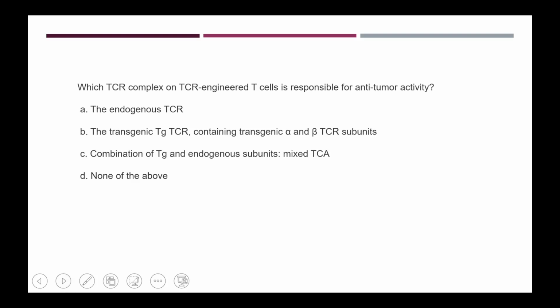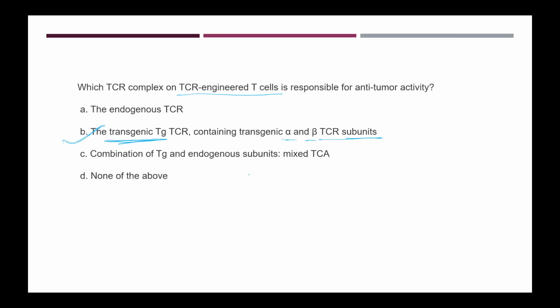Which TCR complex on the TCR engineered T cell is responsible for the anti-tumor activity? Okay. TCR engineered T cell responsible for the anti-tumor activity. So the endogenous TCR is not. So the transgenic TCR containing transgenic alpha and beta TCR subunits. This is this particular one. Okay.